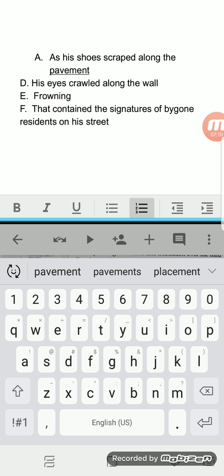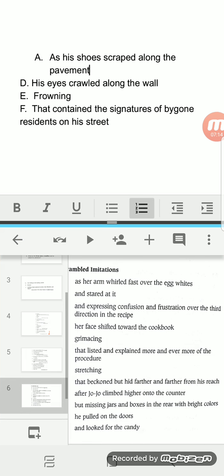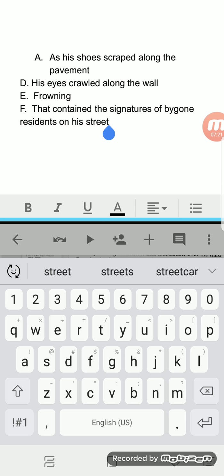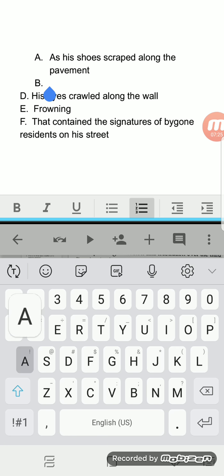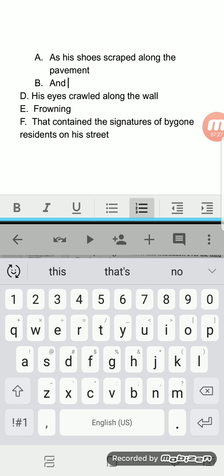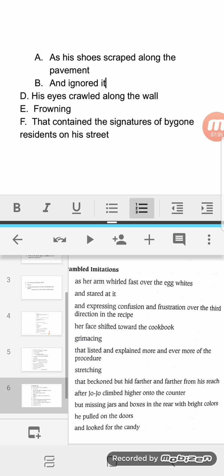All right. And "stared at it", and ignored it. All right, when in doubt, just try and think about what the opposite is.